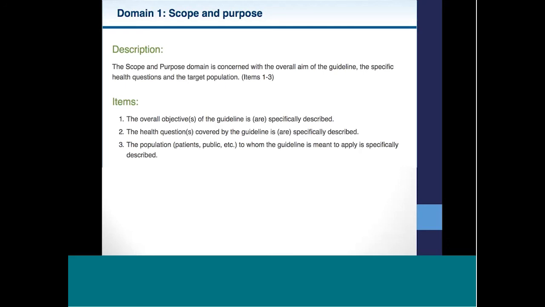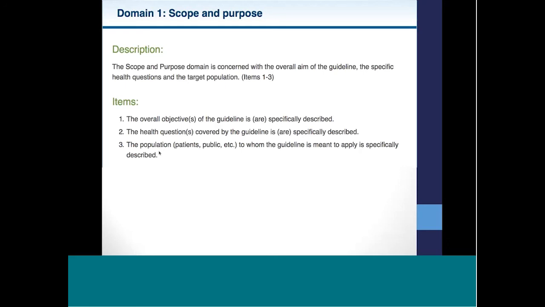And finally, the population of interest. Was it the interest of the guideline to provide recommendations for patients, for the public, which disease, a specific stage of the disease? Was it a specific type of cancer, lung cancer, or final stage, metastatic cancer?